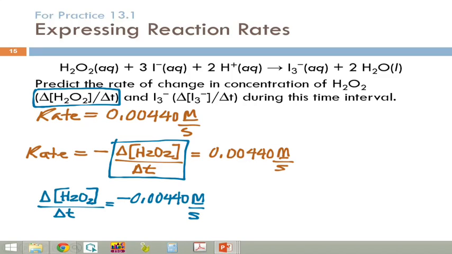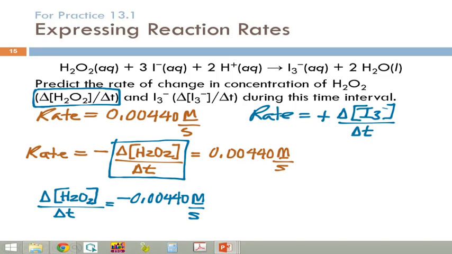What's the rate for the I3 minus? It's got delta I3 minus over delta T in there somewhere. What do we need to throw in the front of that? It's just positive, right? So maybe we'll just put a plus in there so that we know that we considered. I3 minus is a product.